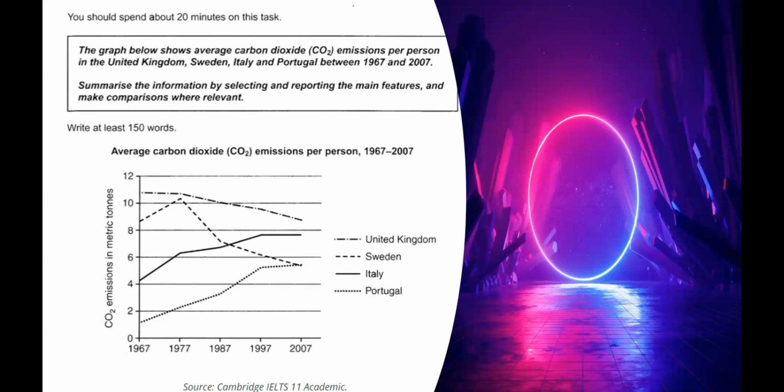For example, in the first paragraph, I didn't count introduction as a paragraph. It is an introduction, conclusion is conclusion. And we have only 2 paragraphs. Okay? Main body 1, main body 2. Main body 1 can include Italy and Portugal.